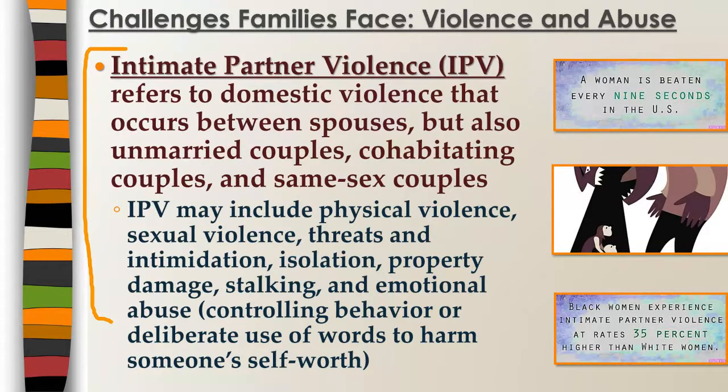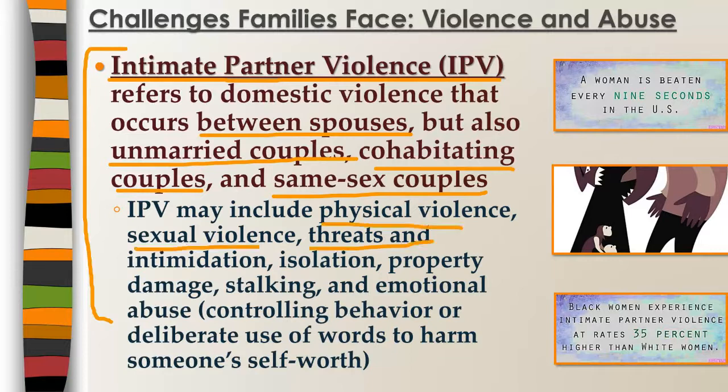So IPV, intimate partner violence, refers to domestic violence that occurs between spouses, but also between unmarried couples, maybe just dating or cohabitating couples, and same-sex couples. It can include physical violence, sexual violence, threats and intimidation, isolation, property damage, stalking, and emotional abuse. That's all encompassed within this definition of IPV.